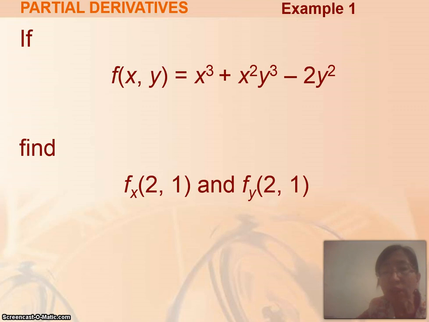Now let us consider example 1. We have the function f(x, y) = x^3 + x^2 y^3 - 2y^2. Find f_x at the point (2, 1) and f_y at the point (2, 1).